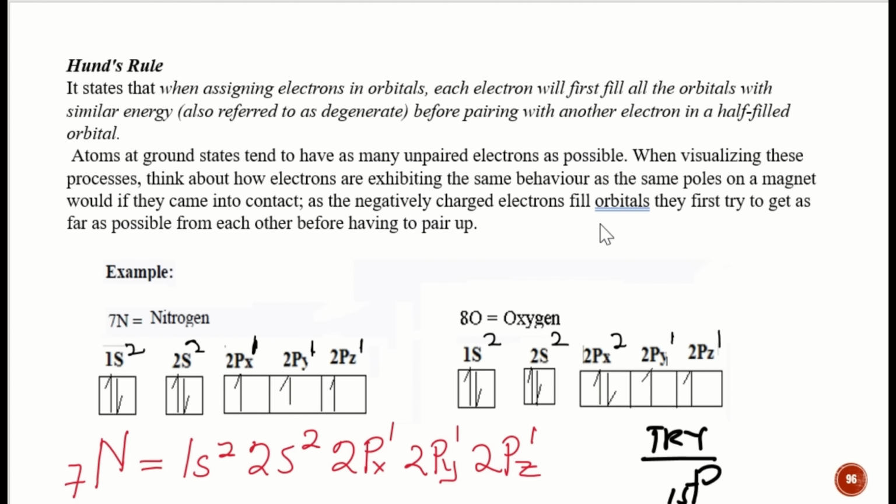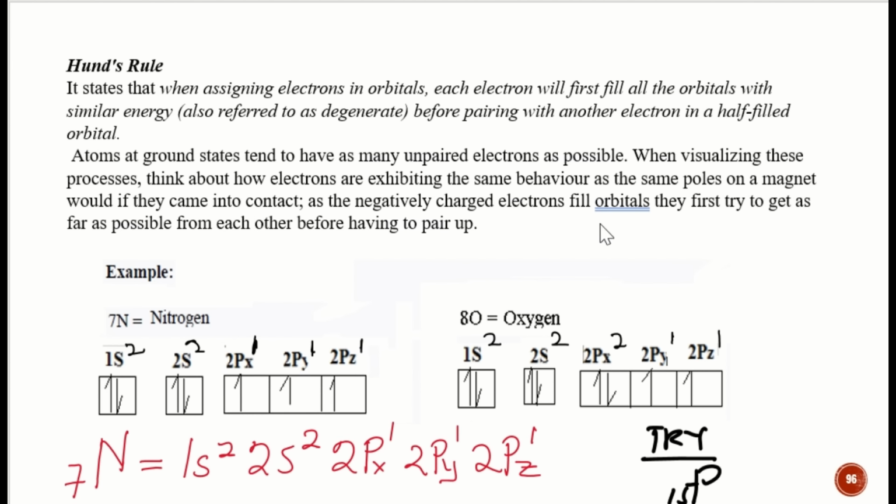When you are filling orbitals with lower energies and you end up in an orbital that contains sub-levels, like a p orbital that has px, py, pz, when you are sharing the electrons within those sub-levels, don't give them two electrons throughout.